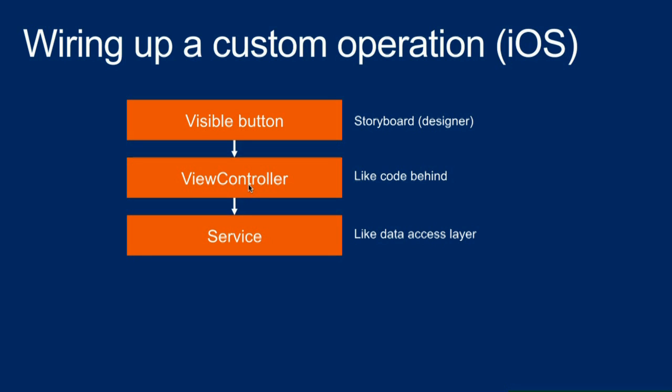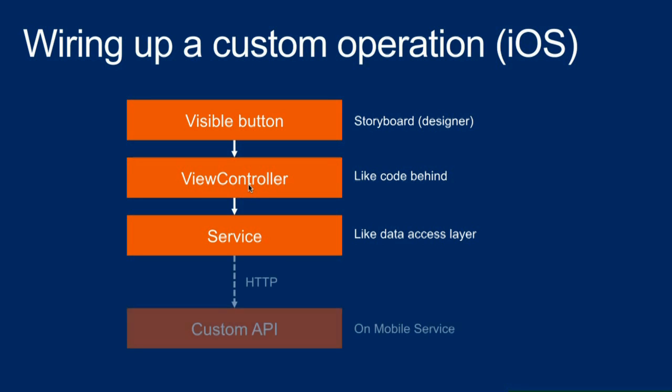Most iOS developers will do that. So we'll follow that pattern and create a service operation that encapsulates this. So this is all iOS stuff so far, no mobile services. But finally, your service operation can actually make an HTTP request to the custom API on the server, which will actually do the thing finally. So let's do this. And let's do it in reverse order.